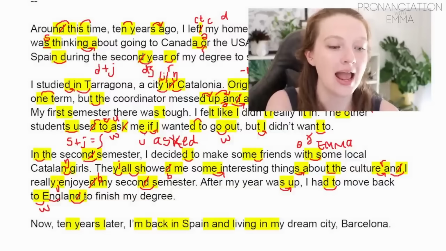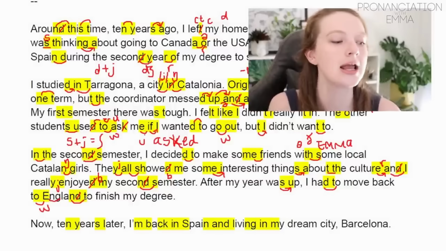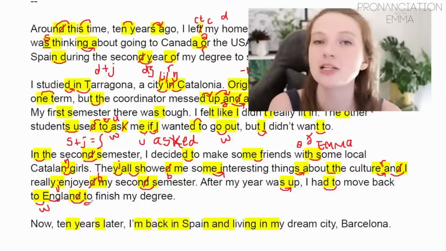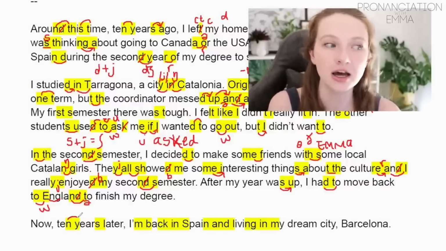Here we're going to cut this. So we're going, I had to move back to England to. So you notice how I'm not saying "England to" with a strong "to", but "England to" finish my degree. So remember, we're using weak forms. Now, 10 years later, we've got that nya again.